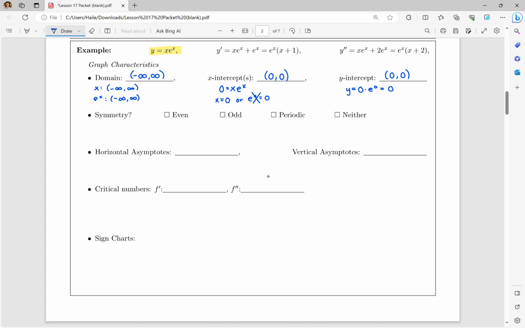So I'm going to start with f of negative x is equal to negative x e to the negative x. Well, that is definitely not equal to the function itself.